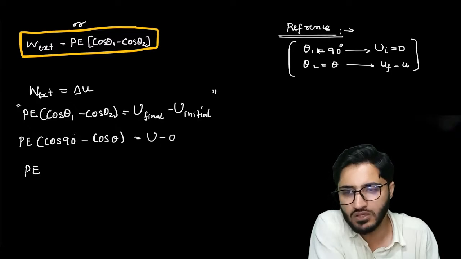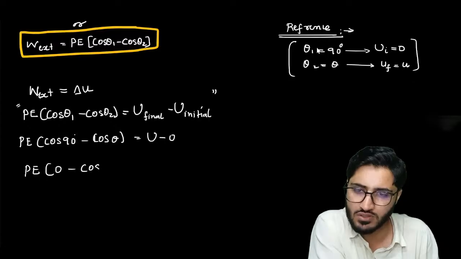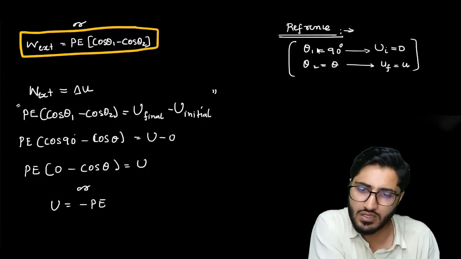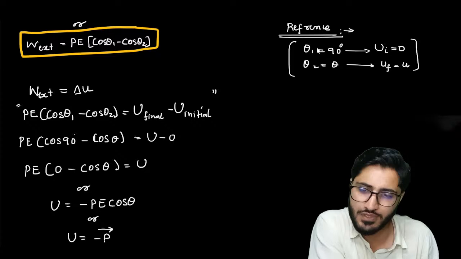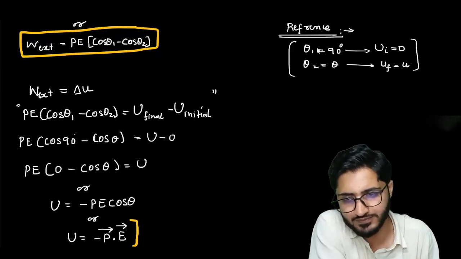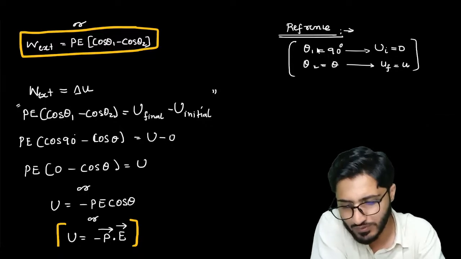P E cos 90 is 0, minus cos theta gives U. So U came out to be minus P E cos theta, or I can write U equals minus P dot E. This is my expression. Easy?